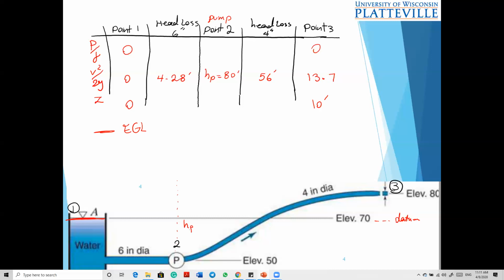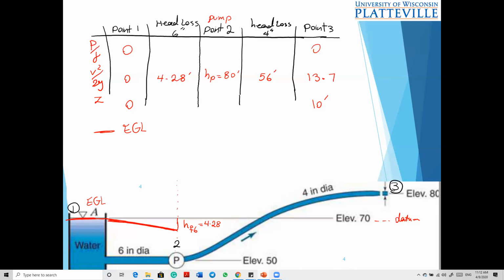It's the head loss due to the 6-inch diameter pipe, which is 4.28. So wherever my energy line is, I have a drop because of this head loss. So this is my energy grade line.